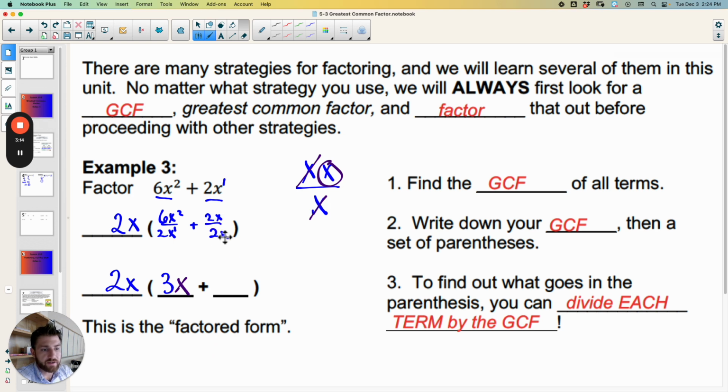And then 2x divided by 2x, those are both going to cancel, so I'm left with just a 1. So anything divided by itself is just 1. So this is the factored form of this expression here. So 2x times 3x plus 1 is the factored form.